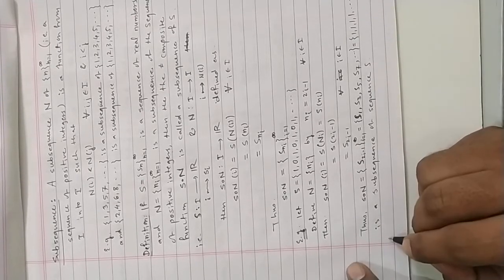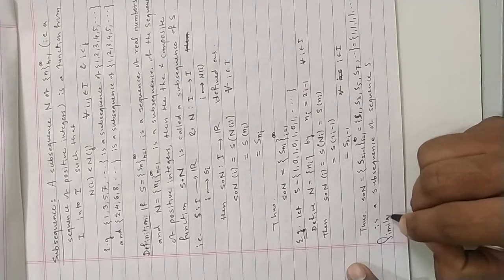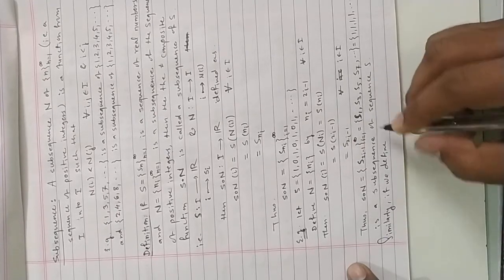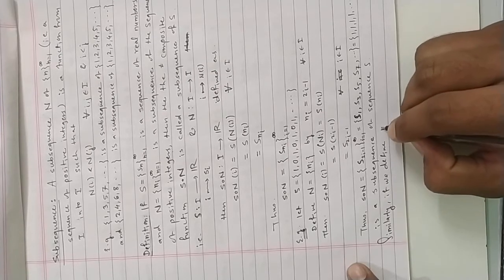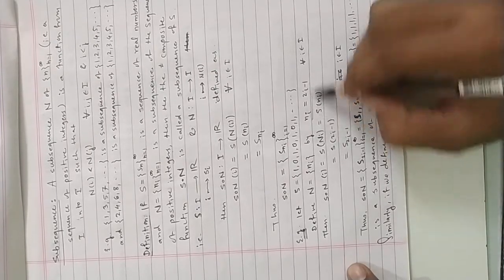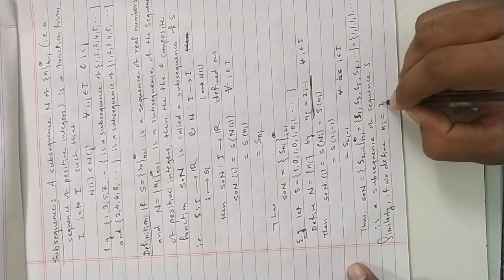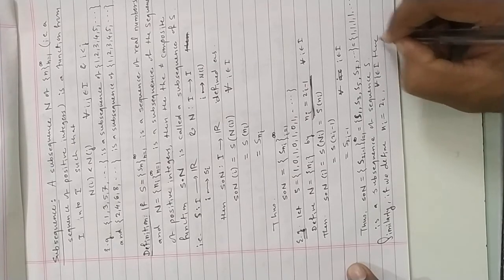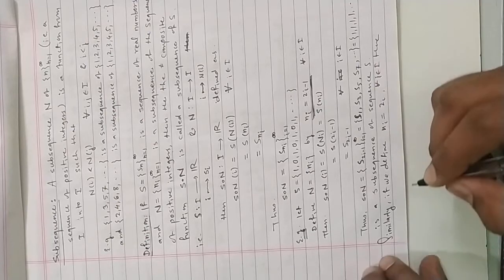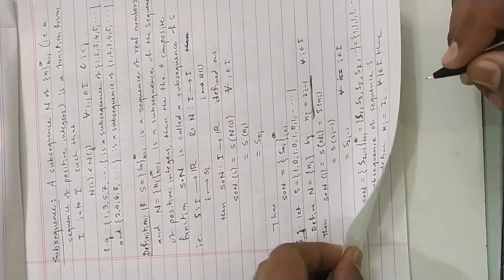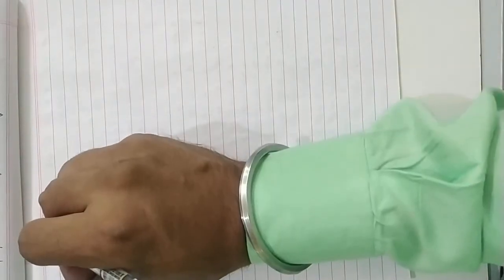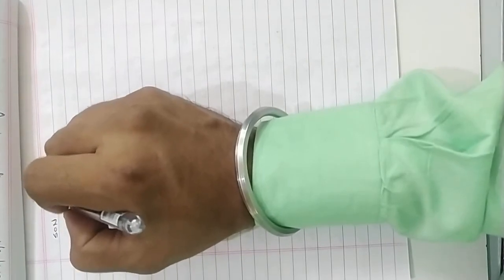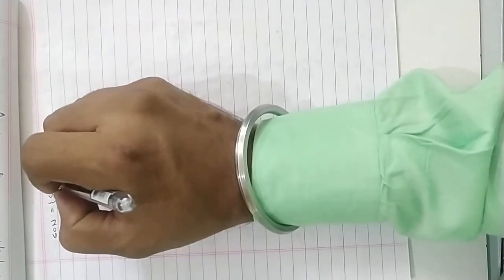So similarly, if we define ni to be 2i for all positive integers i, then the S composite n will be S2i, i varies from 1 to infinity.